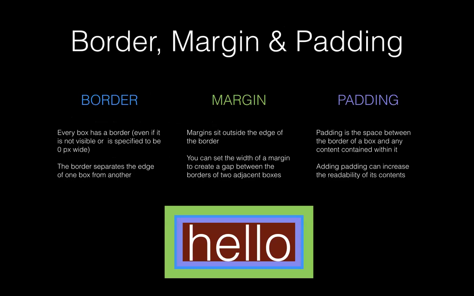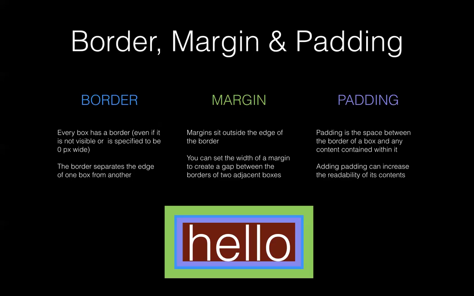All right, and then by default, all the boxes that you have, you can apply border, margin, and padding. So what is a border? Every box has a border. By default, it has a border, but it doesn't appear because it is set to 0.